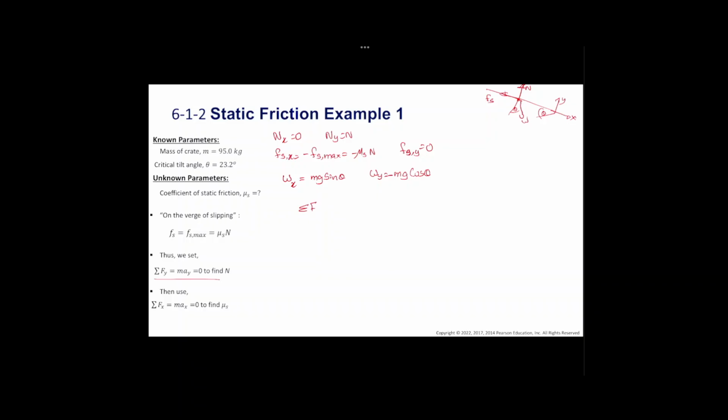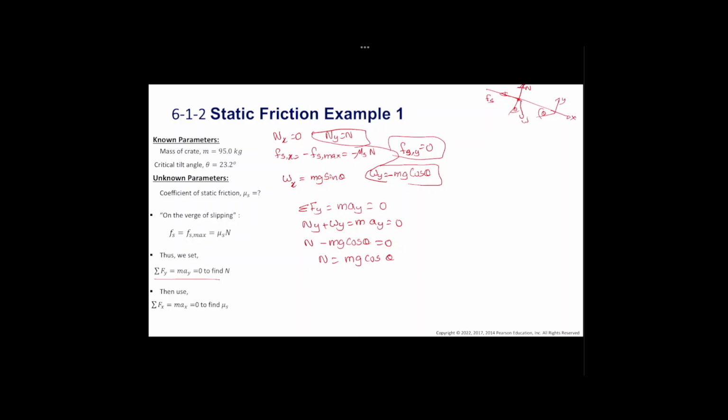Sigma Fy equals m a y, and in the y direction there is no motion, therefore it is 0. What are the y components of forces? We have Ny, which is n, the friction force is 0, and we have Wy. So Ny plus Wy equals mass times ay, which is 0. Ny is simply n, and Wy is negative mg cos theta, so the normal force is simply mg cos theta.